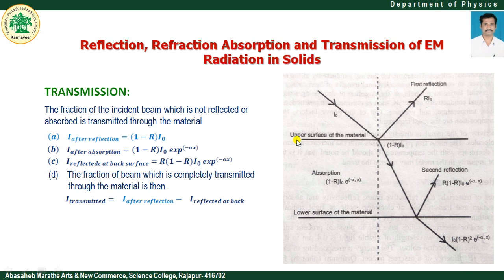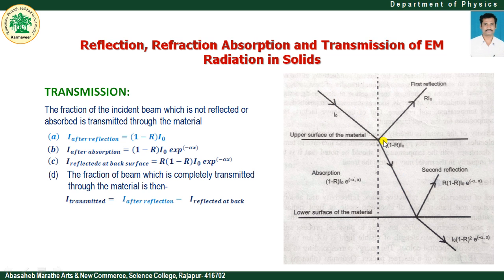Here is the upper surface of the material, here is the lower surface of the material, and the incident radiation of intensity I naught is falling on this upper surface of the material. So here the medium is changed, so the direction of the photon beam also changes. Okay, depending upon the value of the refractive index, the bending is there.